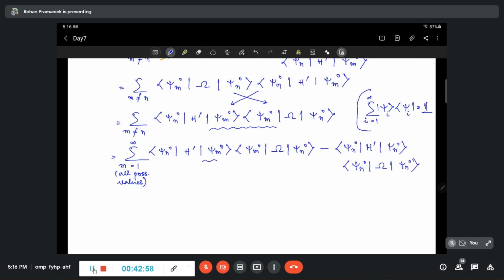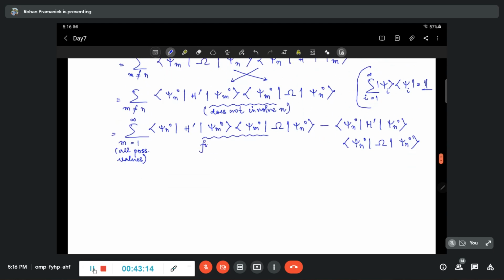Now you can say that this forms a complete set, which does not involve n. So this is not 1, but this is 1. So this forms a complete basis.